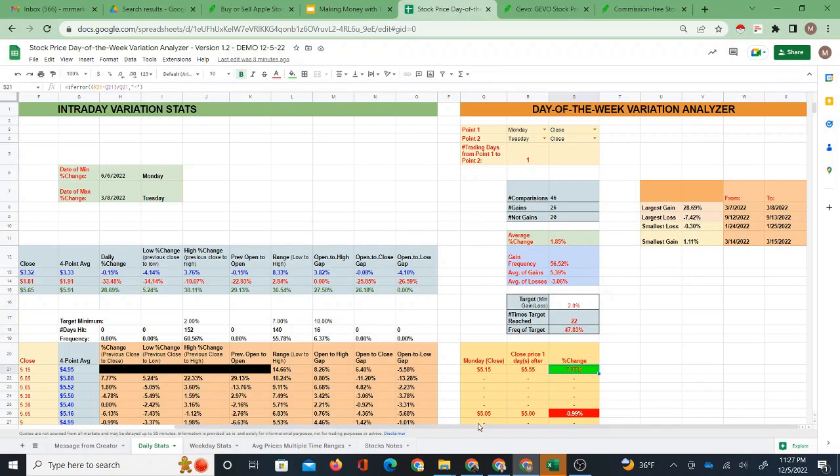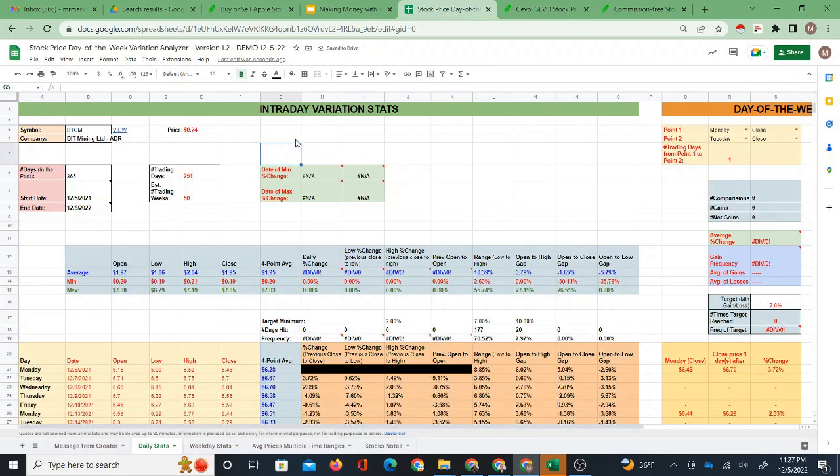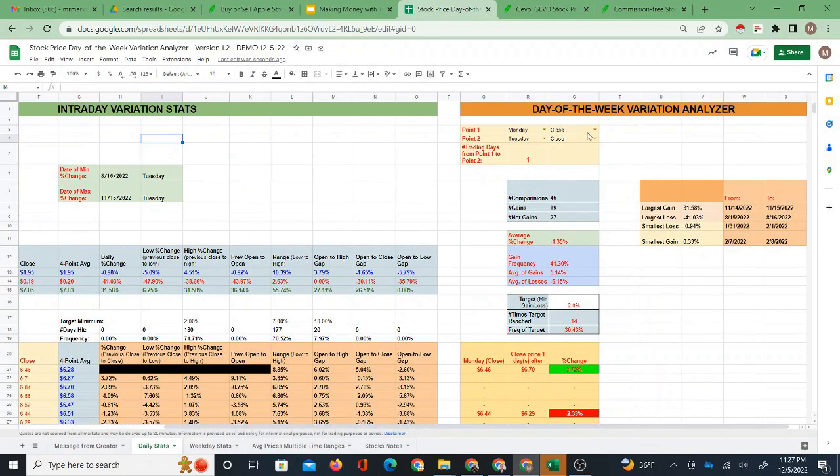But actually what I wanted to share with you in this video is another symbol that I just found. I think it's BTCM, and I want to share with you a gap that I found that is a pretty good gap. That is Tuesday's close compared to Wednesday's open.